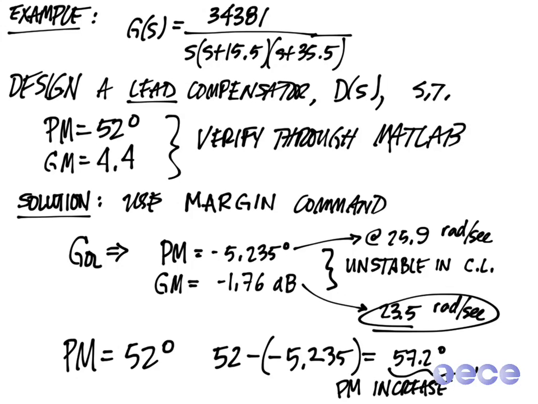So let's go ahead and apply the design techniques that we've seen how to use. So I'm going to let D(s) equal some K lead times (s/a + 1) over (s/b + 1).